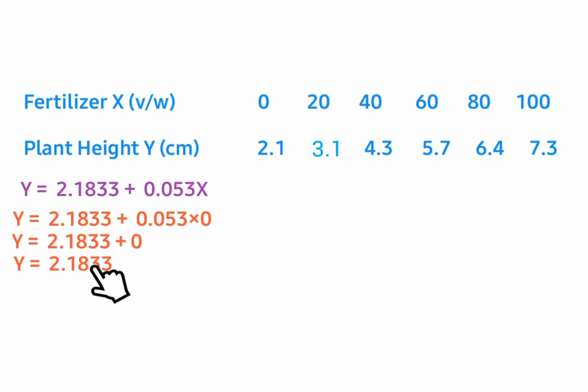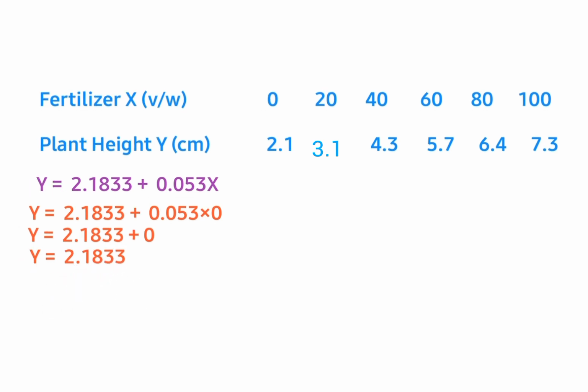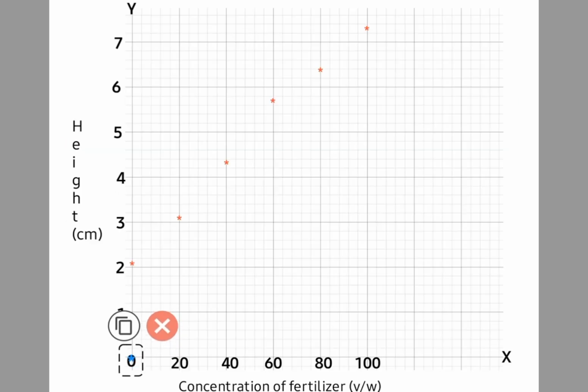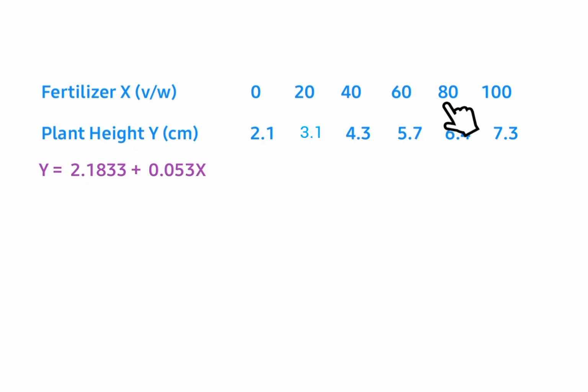Now we trace this value on our graph. When x is 0, we got our y value to be 2.1833, somewhere around here, right?